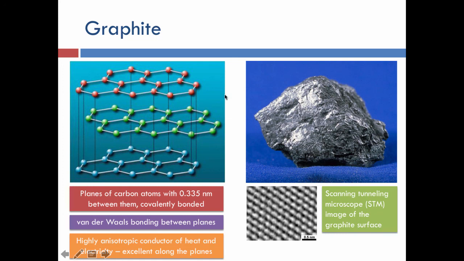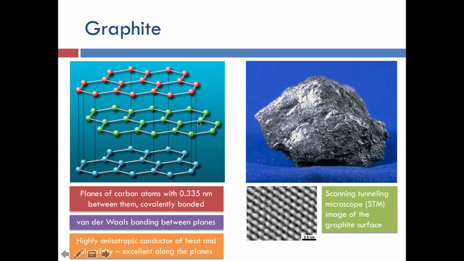And it comes right off onto the paper because this bonding between the layers is very weak. It's a van der Waals kind of bonding. Whereas the bonding inside the layer is very strong. It's a covalent bond. All right, so there's van der Waals bonding between the planes. There's very strong covalent bonding inside the planes. And they like to layer up in this kind of organization.